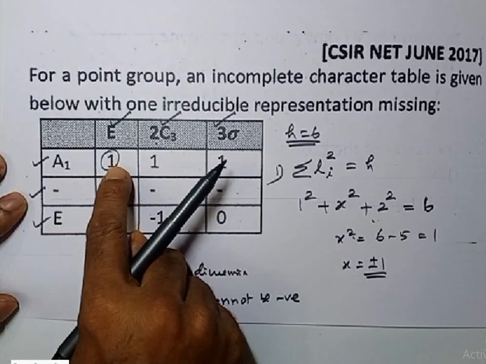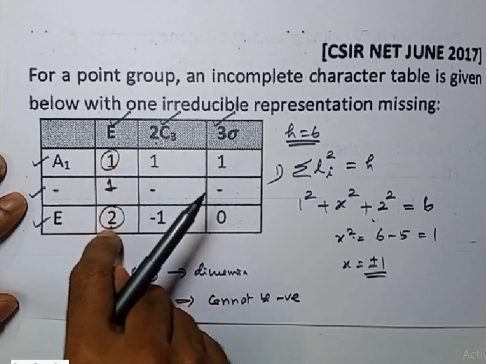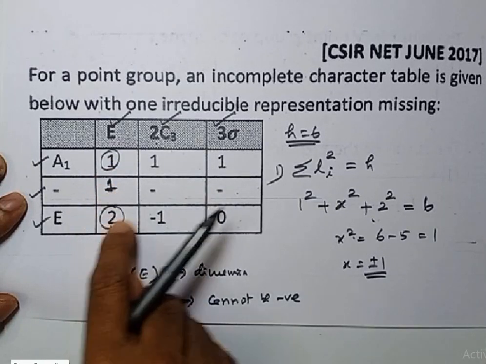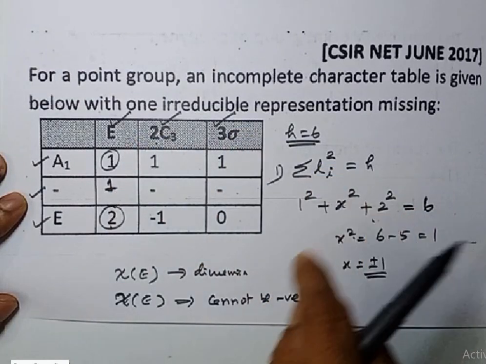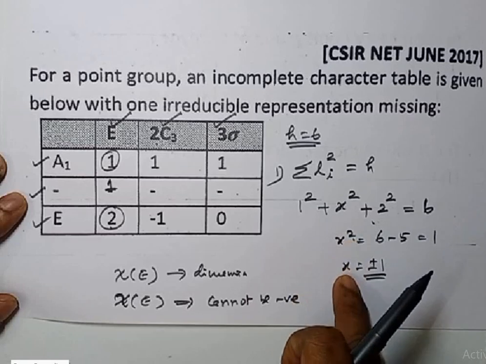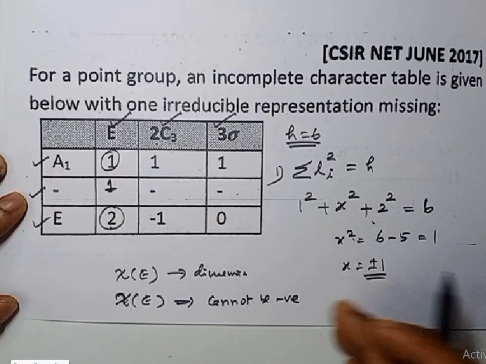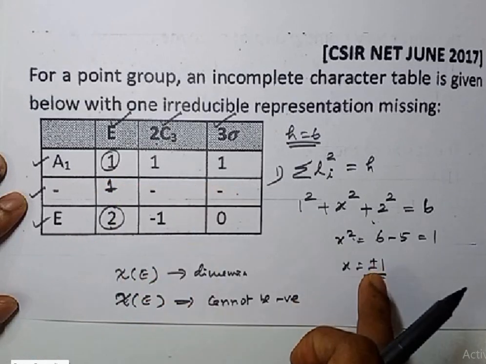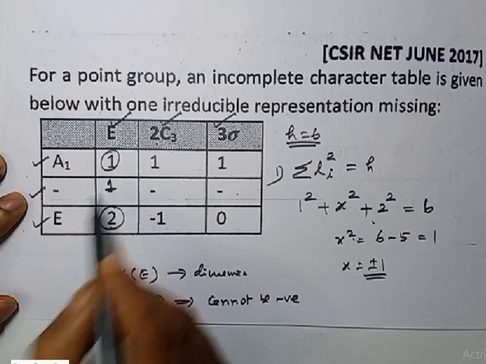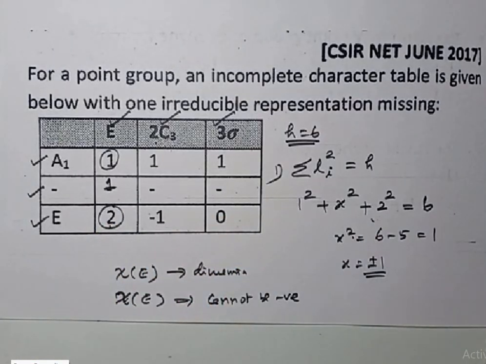Here the dimension is 1, here 2, and here let it be x. 1 squared plus x squared plus 2 squared should equal the order of the group, which is 6. So we found x is equal to plus 1 or minus 1. Since x indicates dimension, it cannot be negative. So the second irreducible representation should be one-dimensional. That's why I put 1 here. Now you need to identify the remaining 2 boxes. How to identify? It's very simple actually.